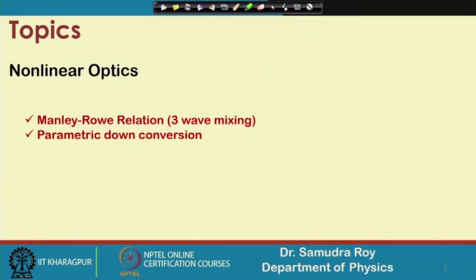In second harmonic generation we launch a frequency omega and get a frequency 2 omega, but for parametric down conversion we launch a frequency of 2 omega and try to find out whether we are getting the half harmonic, omega, or not. How one can initiate this process and what is the condition to generate this kind of subharmonic generation, we will try to find out.